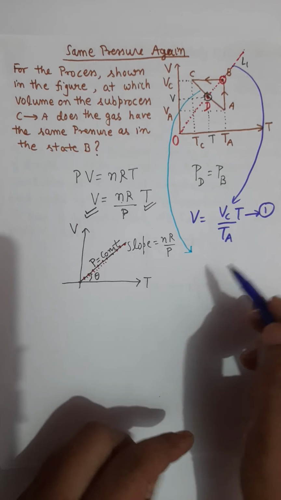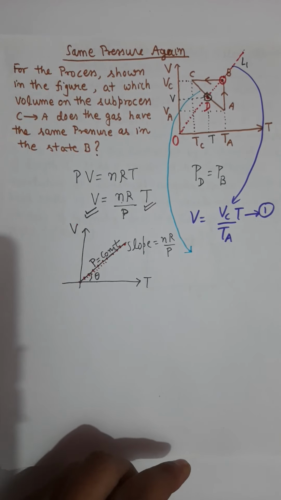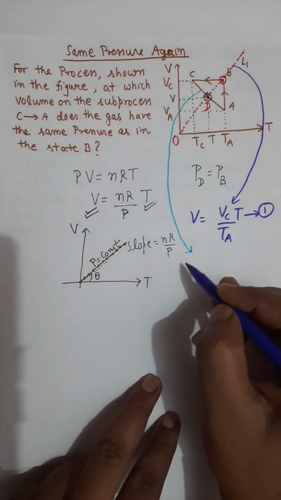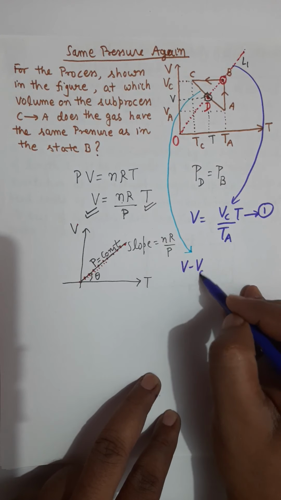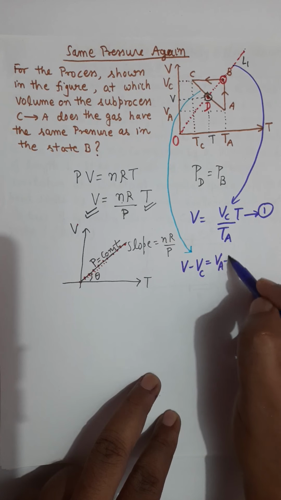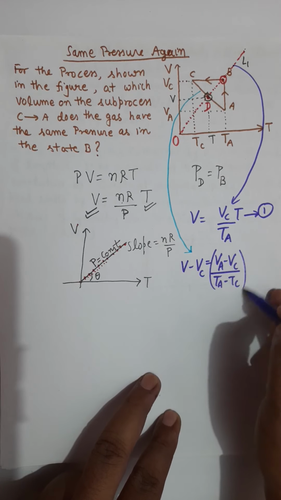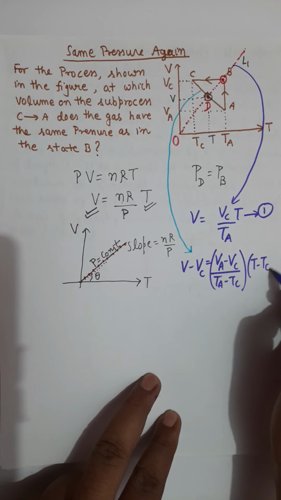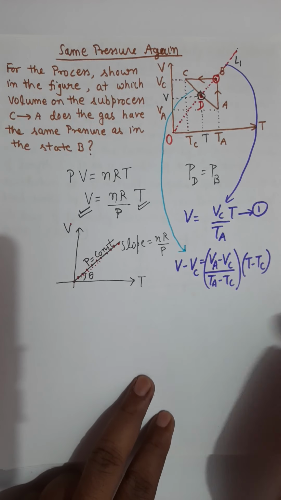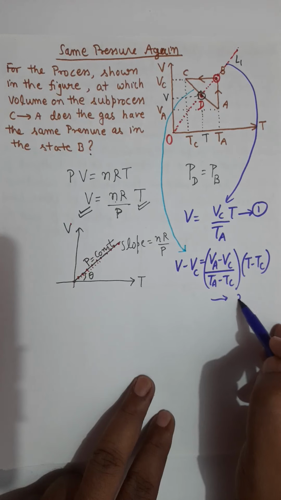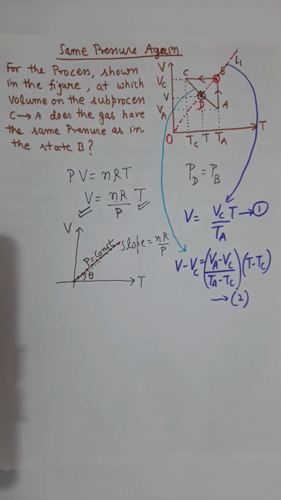So the equation will be V minus Vc equals (Va minus Vc) over (Ta minus Tc) times (T minus Tc), a basic of coordinate geometry.